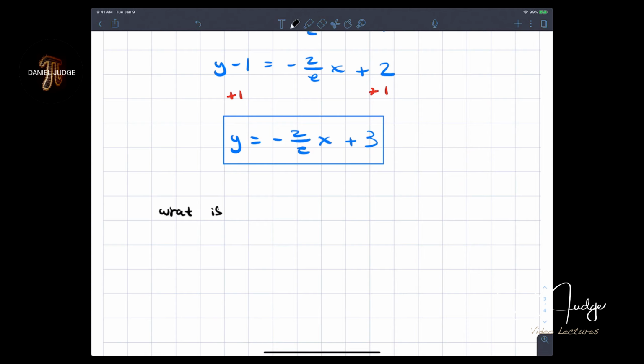What is the location of a horizontal tangent? Go back again to where you have horizontal tangents.